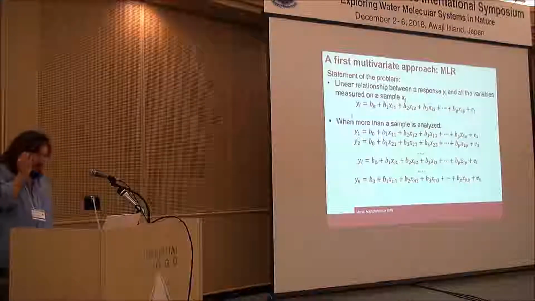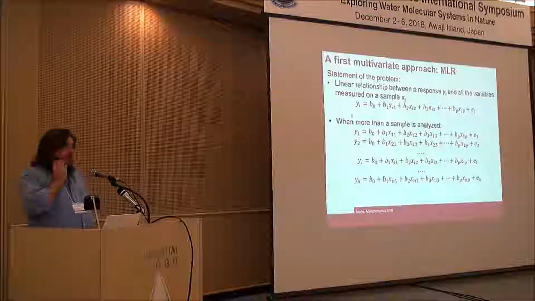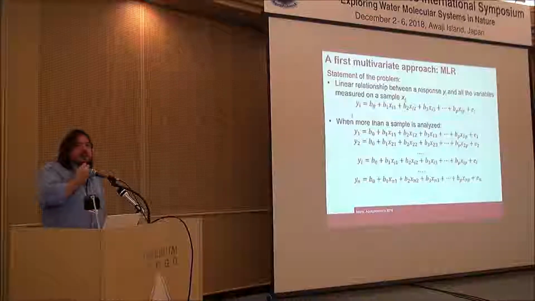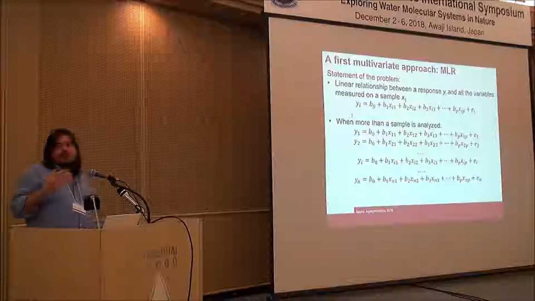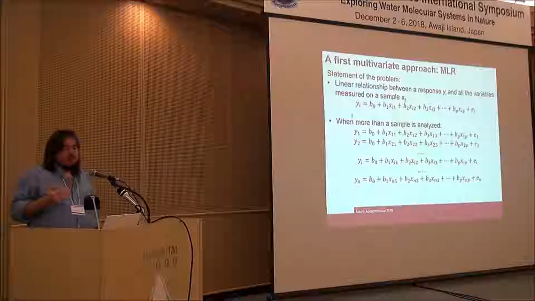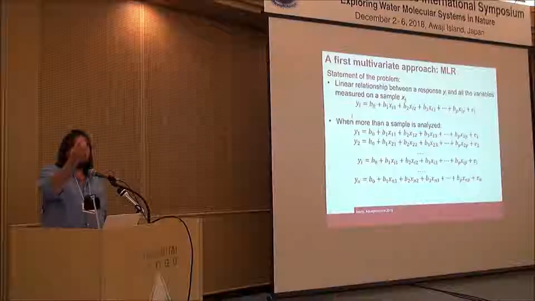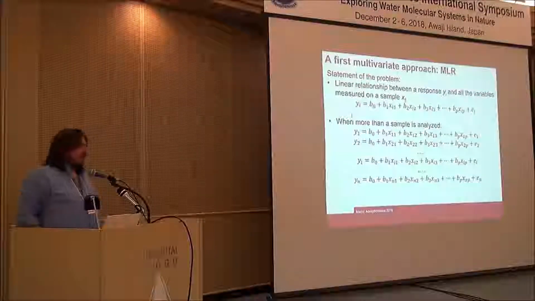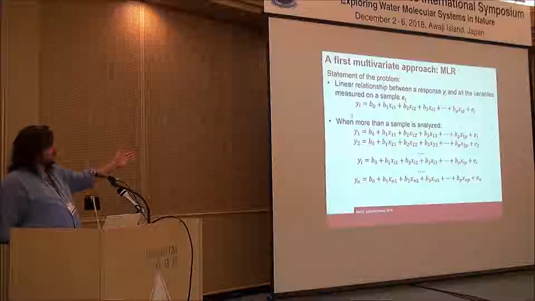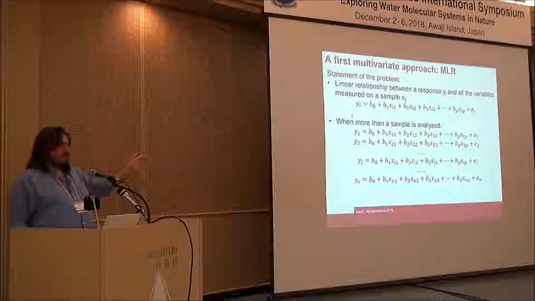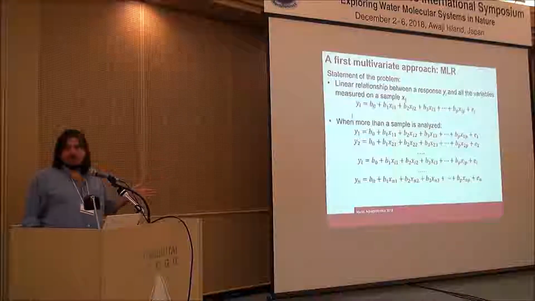In this case, we are in the domain of what is called multivariate calibration. The general statement of multivariate calibration problems, especially for the simple case when there is a single property that we want to predict, is that we can express this predictive property as a function of the spectral intensities that we are measuring.